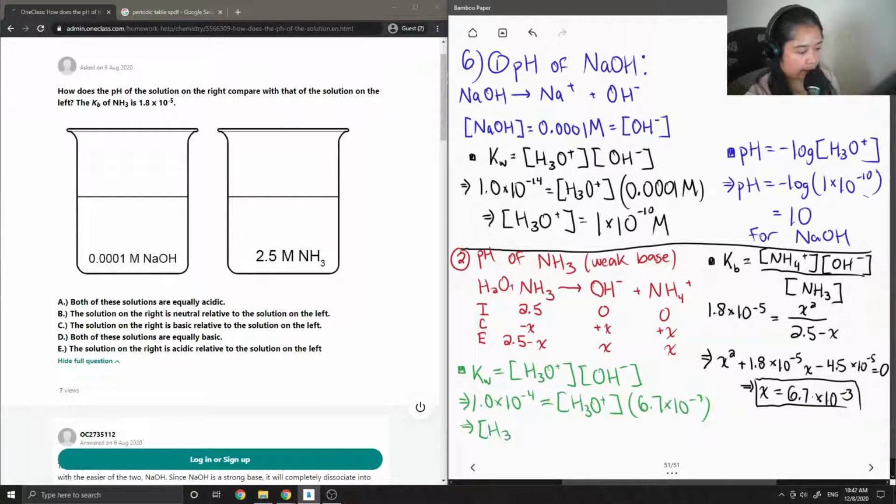And we get a concentration of H3O plus that's equal to 1.49 times 10 to the negative 12. So finally, we can sub this value in our pH equation.